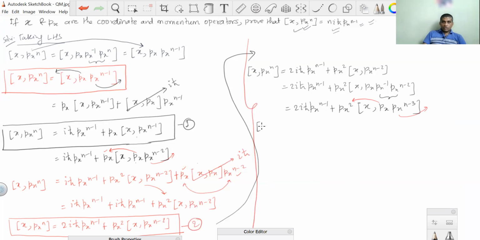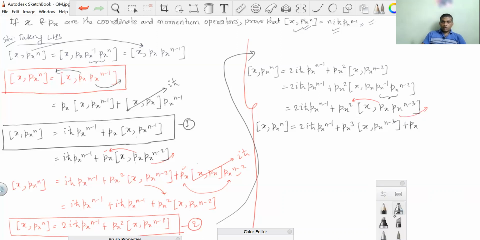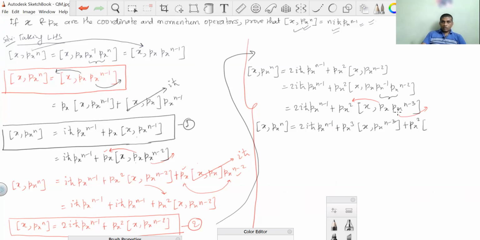So we can write commutation of x px power n equals 2iħ px power n minus 1 plus px power 3, and we have commutation of x px power n minus 3, plus px power 2, and we have commutation of x px and px power n minus 3, taken outside towards right.